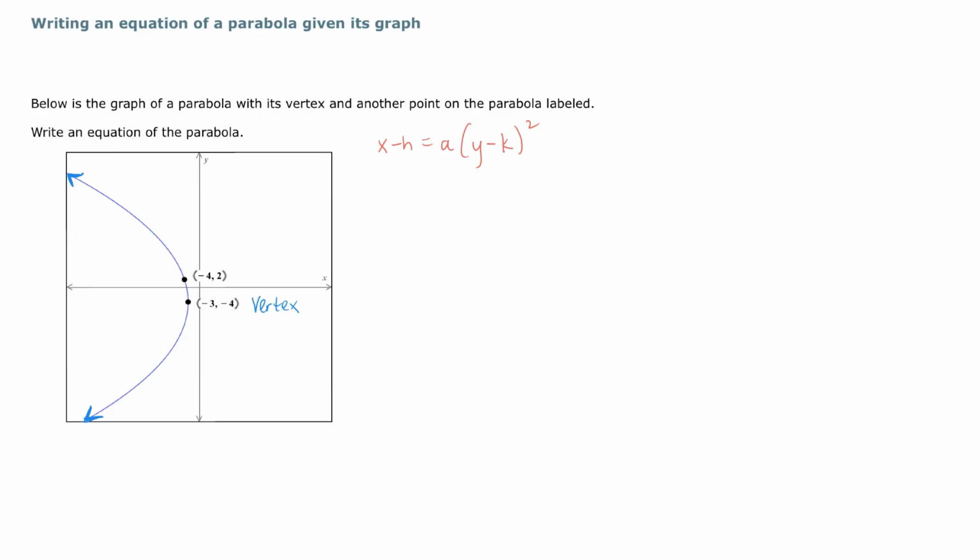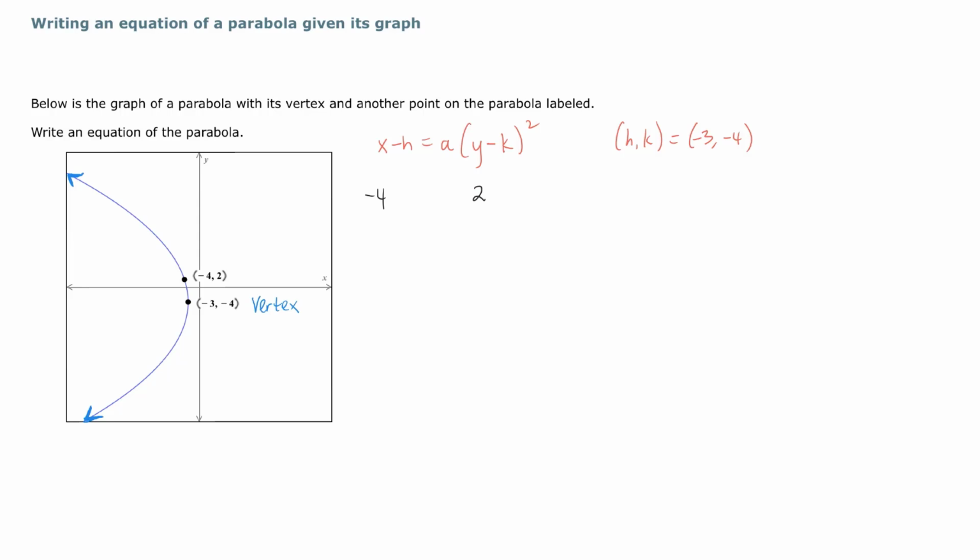Let's find out. Why don't we use all ordered pairs here? What do I mean by that? The vertex (h, k), we already know what h and k are. H is -3, k is -4. We are going to use an x, y as well. So let's use -4 here and 2 here.